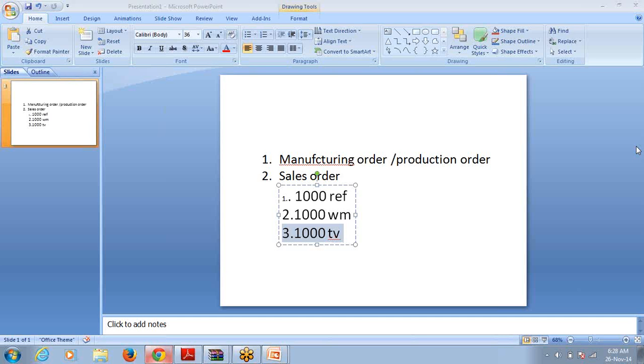Suppose for example you got 1000 units. Whenever you create the order for this sales order with 1000 units, the system takes the estimated cost from the product cost planning and multiplies it with the quantity of the order. It gives the planned cost of the order.